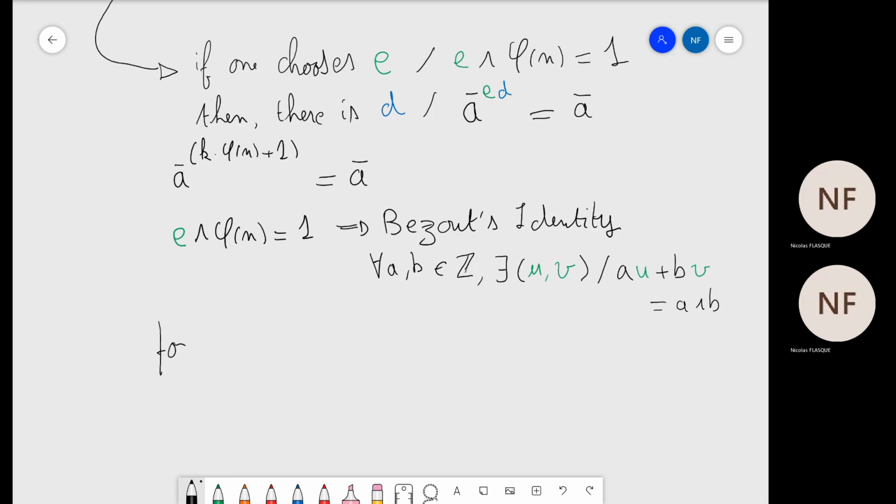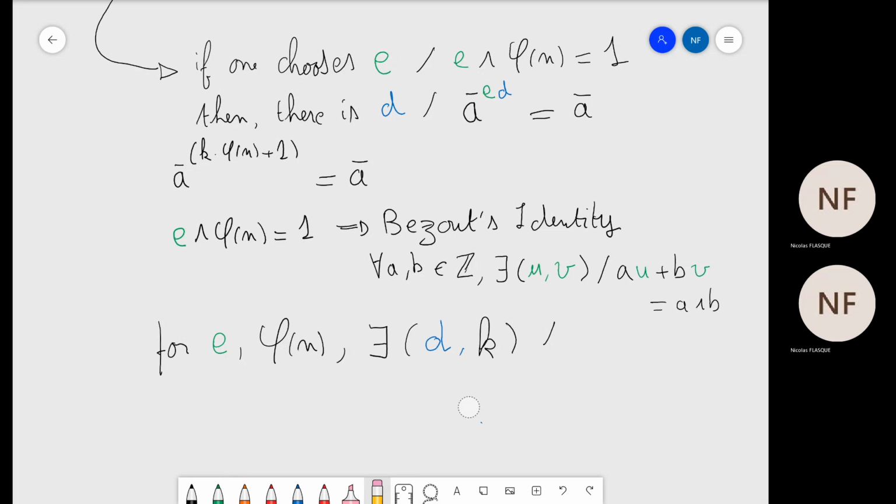So, for e and phi of n, there exists a couple. Instead of u, I will use d. Instead of v, I will use k.